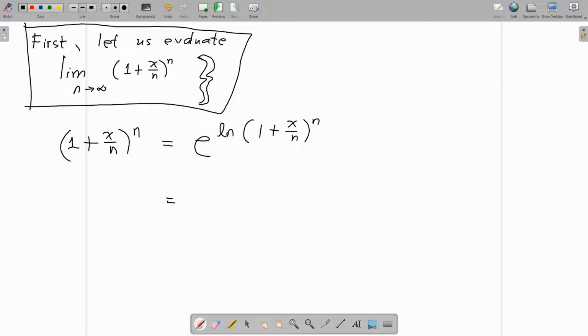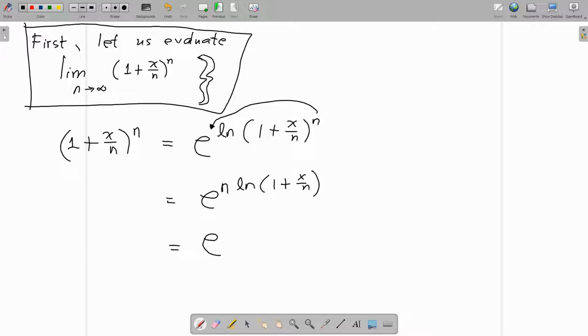So by the laws of logarithms, this n will come down, so you have e raised to n ln(1 + x/n).